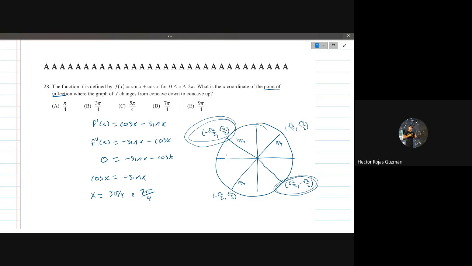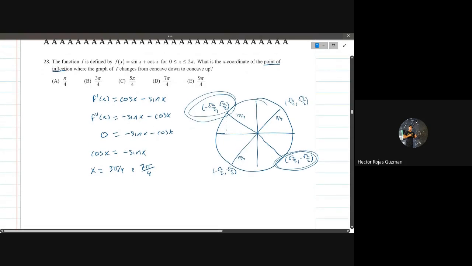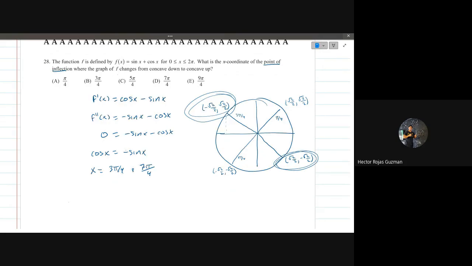But these are just the critical points. We want to figure out where the graph of f changes from concave down to concave up. So let's go ahead and do our number line. F double prime of x, 3 pi over 4, 7 pi over 4. Okay, so right now I'm going to be looking at this line right here.